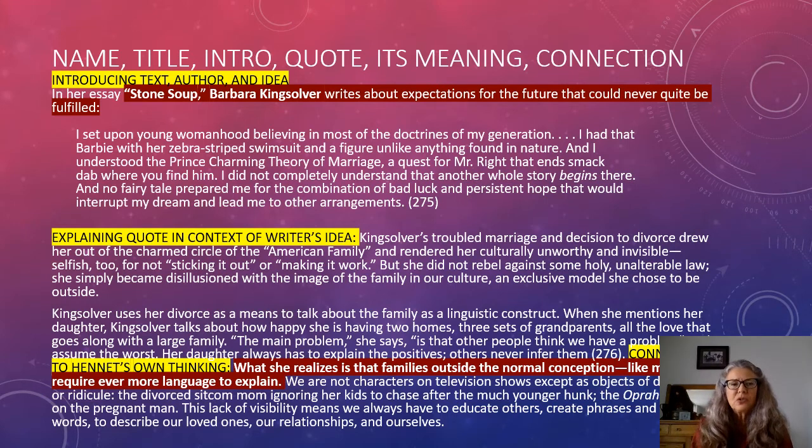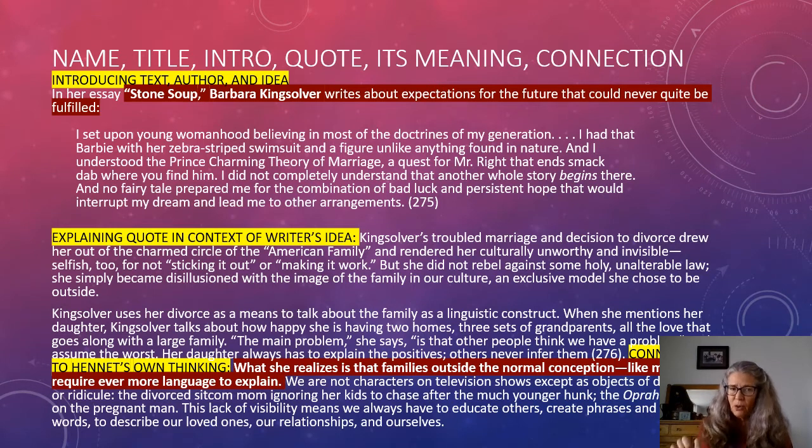So this quote, as you can see, Hennet doesn't just drop in and leave. I cannot tell you how many times I have seen a student drop in a quote at the end of a paragraph and leave us to figure out why it's there. So you want to avoid that.